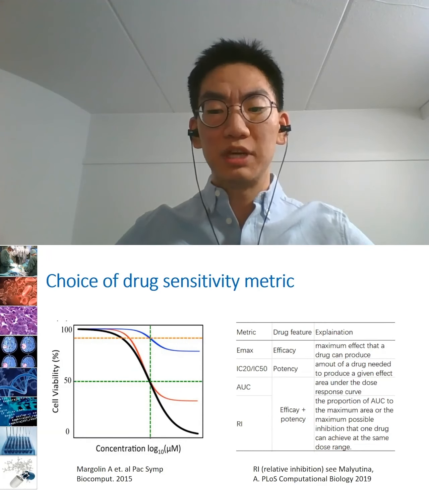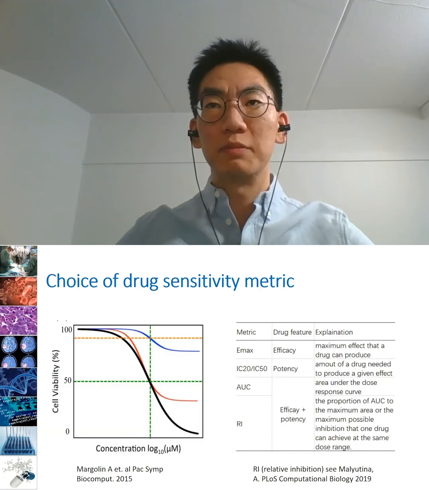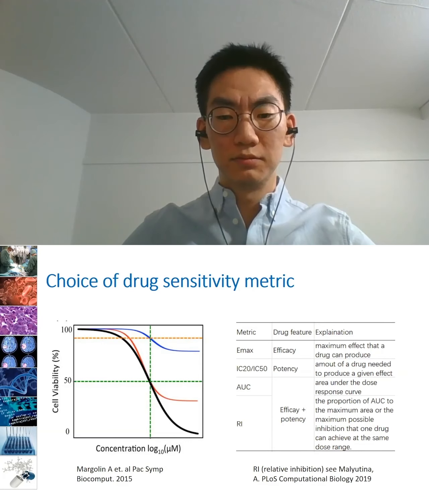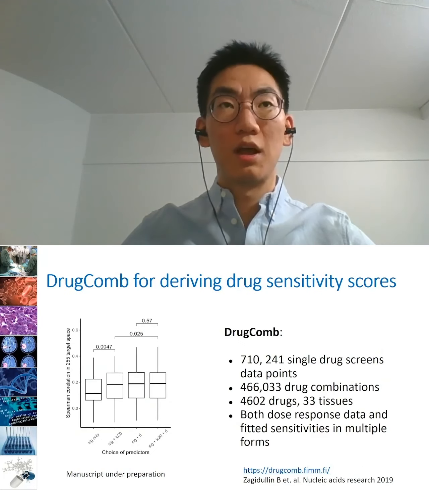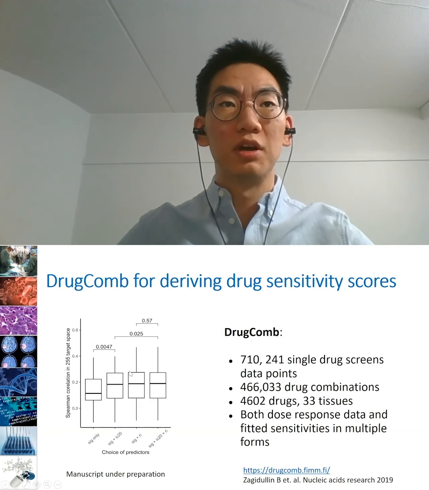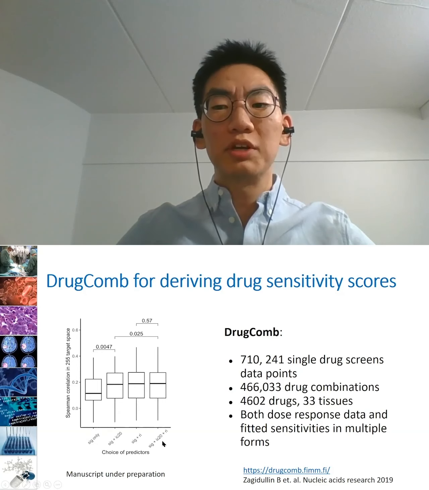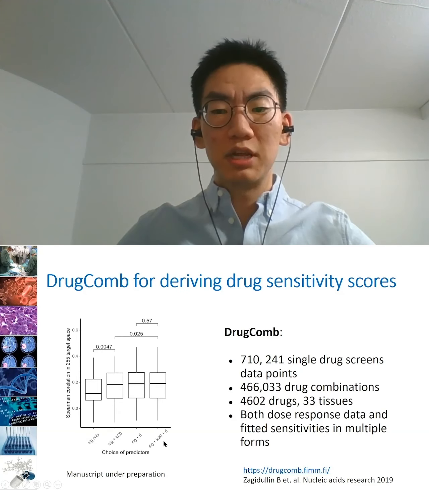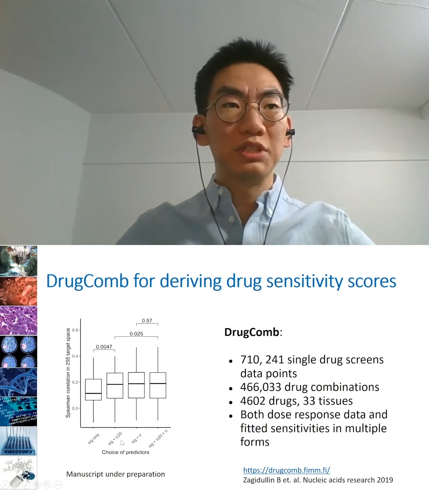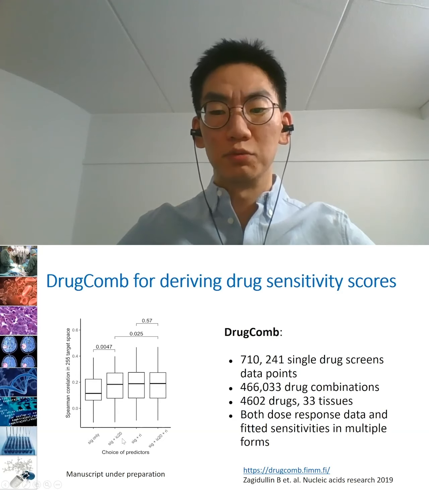And that should be able to provide additional information during the modeling. Indeed, in our post-challenge explorations, we found that modeling with relative inhibition has provided significant better result than using the IC20 alone.